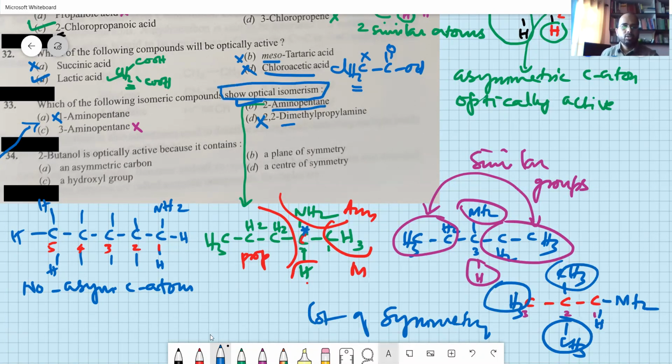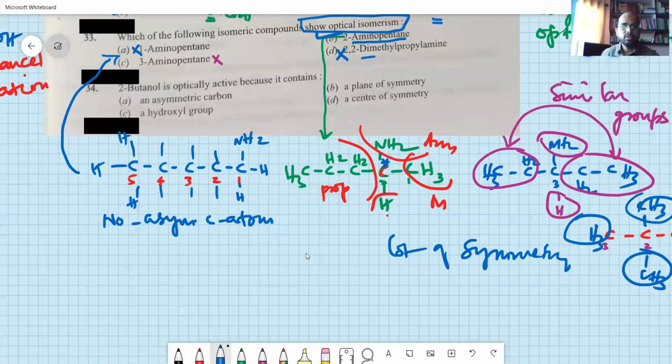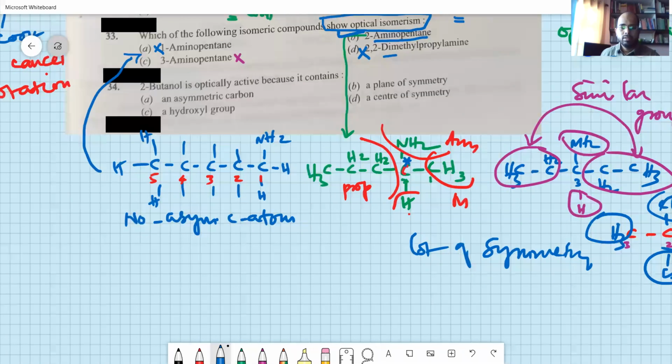Okay. Now the last question that stands out is: 2-butanol is optically active because it contains A, an asymmetric carbon, B, a plane of symmetry, C, a hydroxyl group, and D, a center of symmetry. So you have to write the structure of 2-butanol. Shall we write it?